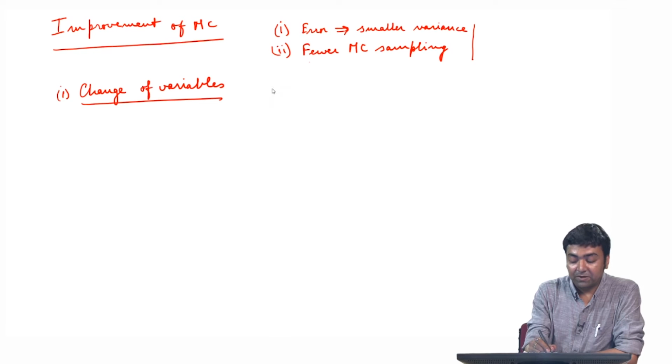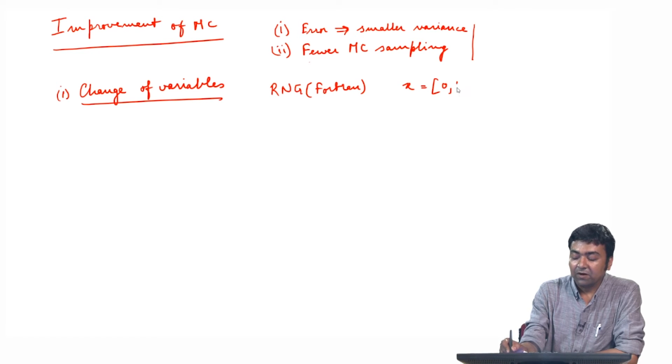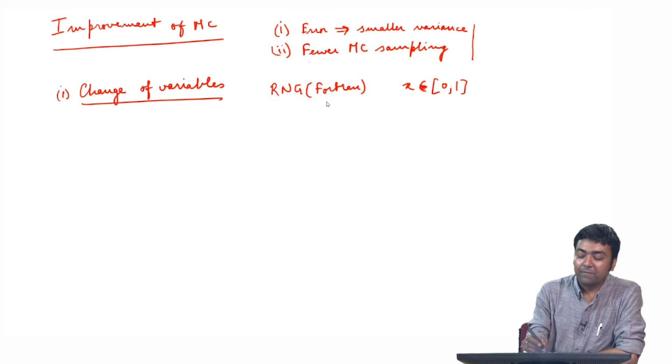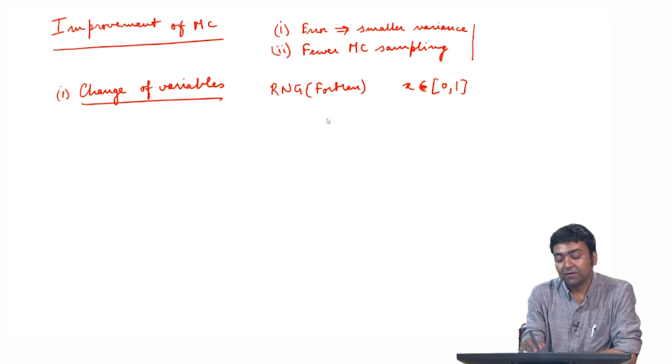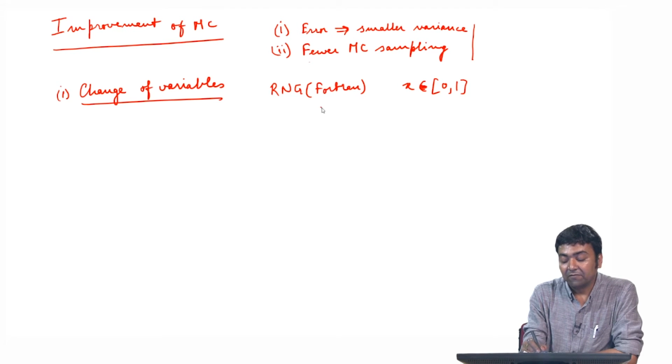My random number generator, which comes with Fortran, gives me random numbers x that lie between 0 and 1. But in many cases in physics, the limits of integration differ. With this I can only have integrals whose limits are 0 and 1, but in many cases I have integrands whose limits extend from minus infinity to plus infinity or 0 to infinity.